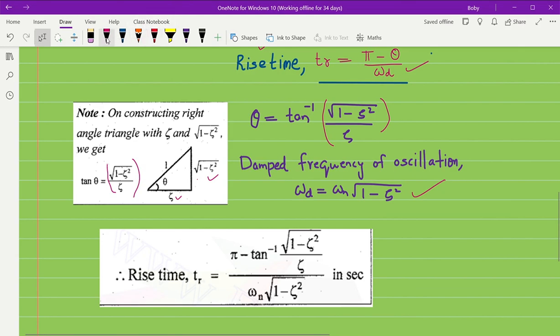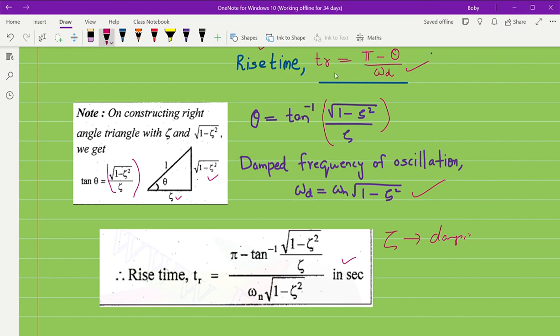So we get the complete expression for rise time, in seconds.